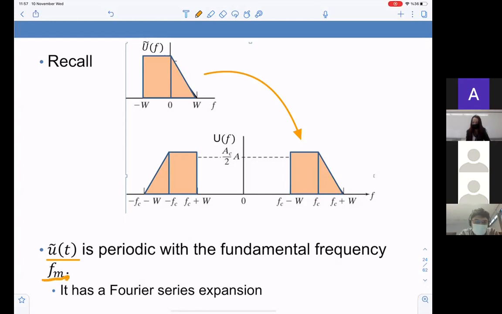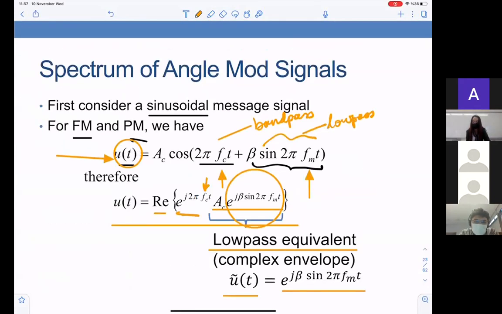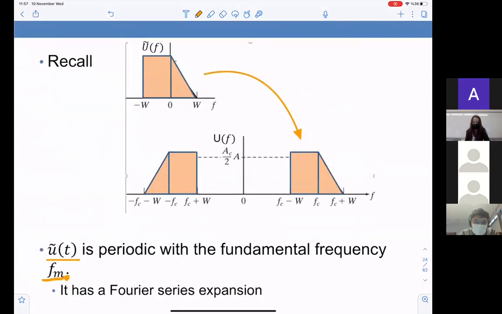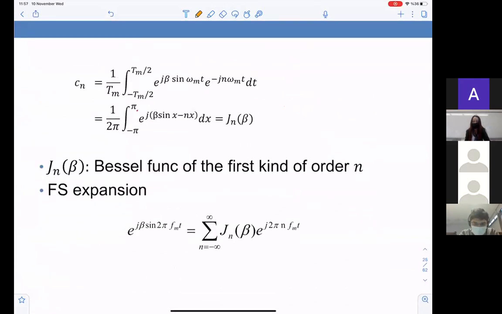Why is it periodic? Well, because it's a complex exponential, so clearly it is periodic, and the fundamental frequency is FM. Therefore, it has a Fourier series expansion, which means we can find Fourier series coefficients in this way, where Tm, the period, is 1 over Fm.